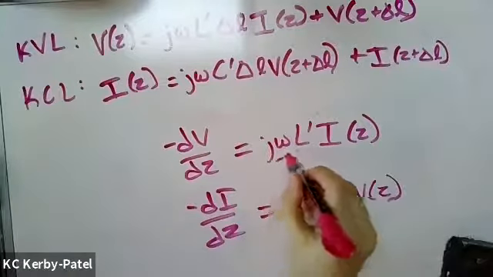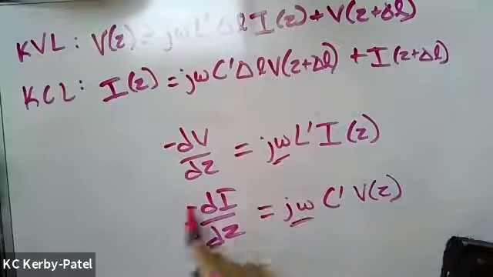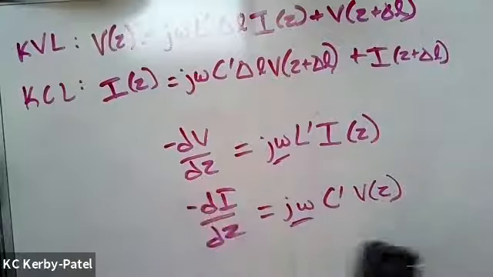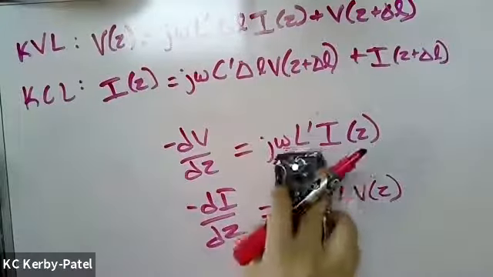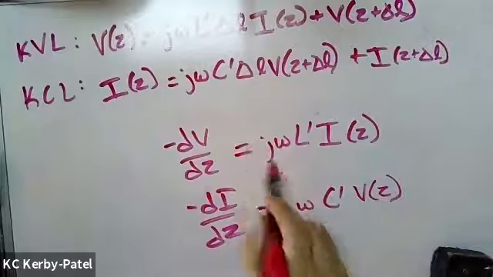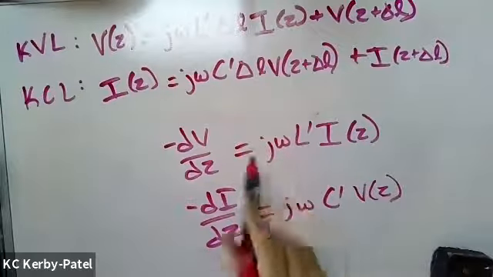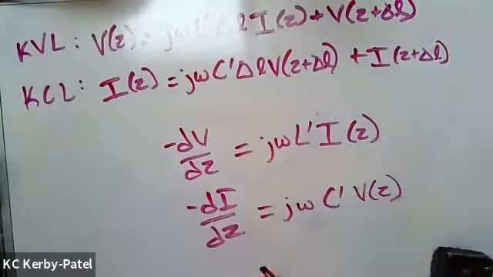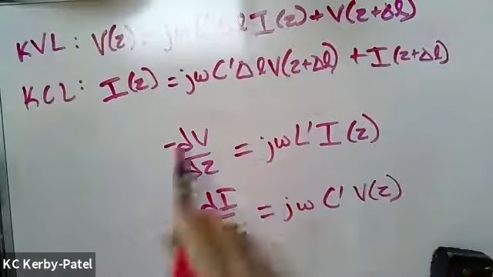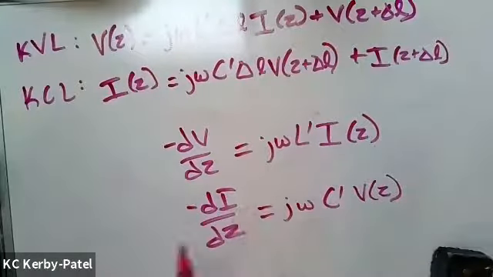Because remember, these j omegas are time derivatives, and these are position derivatives. And when you have a pair of coupled equations where there are time derivatives and position derivatives involved with two different variables, what comes out tends to be a wave equation. And that's going to be what happens here too.